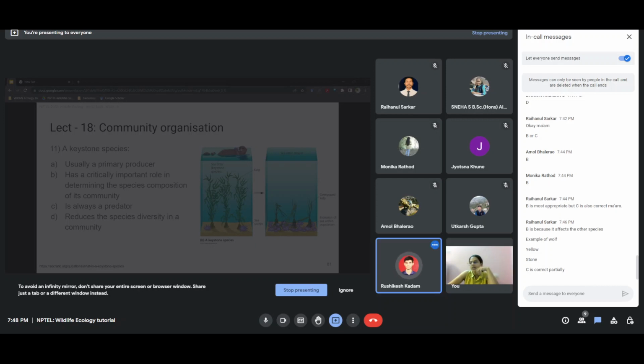Ma'am, can I explain? Yeah, sure, go ahead. Ma'am, this is the example of keystone species. Otter is a keystone species here. This is the example of kelp, meaning the relationship between kelp and sea otter, where sea urchins are the grazers.